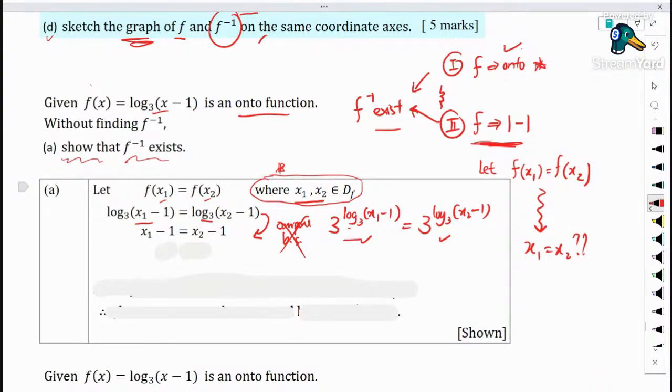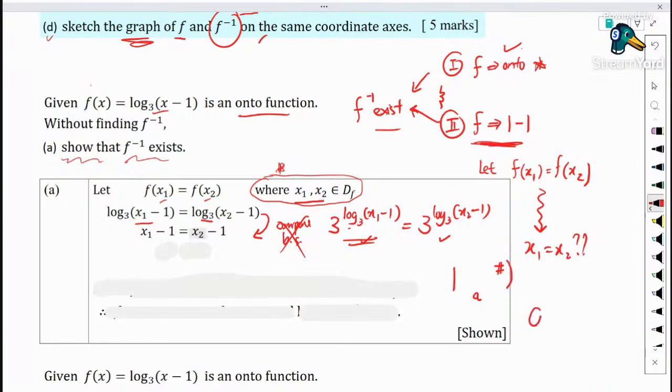And this item here, by using the properties of log and also the indices, we find out that if I have log to the base a, and inside the log I have an index term to base a, then whatever is in the power, sorry, not this one.